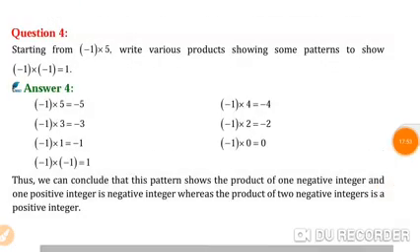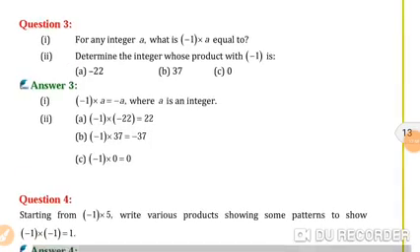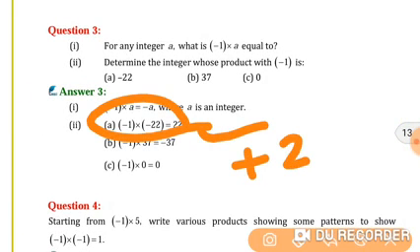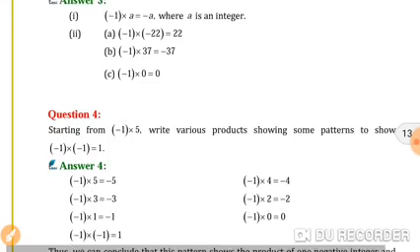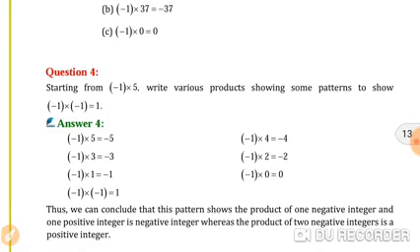See, the question is related to the third question also. Here what we have done: if both integers have negative signs, you get plus; if one is negative and one is plus, you get a negative. In the same way, starting from -1 into 5, various products show a pattern to show that -1 into -1 is equal to 1. We have to show it.